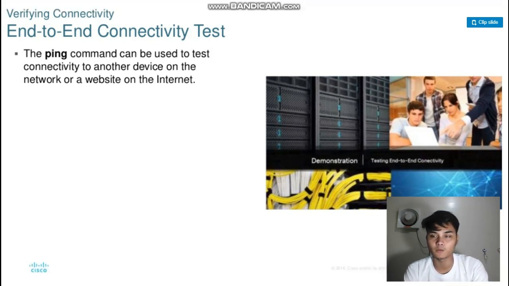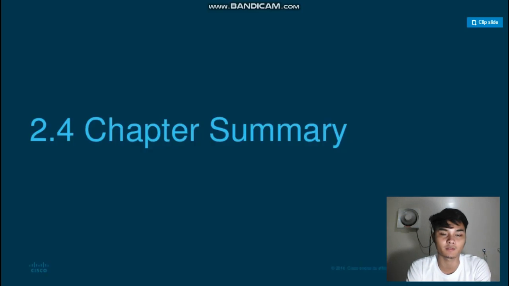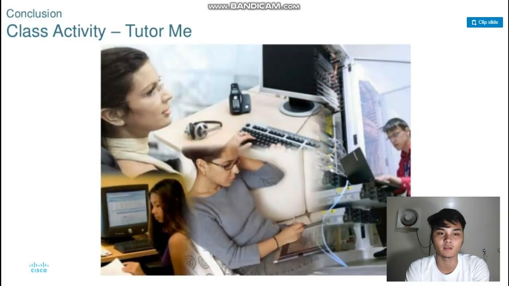You have to go to the CMD or command prompt on one desktop, and then ping the IP address of the second desktop PC. Then we have the chapter summary.